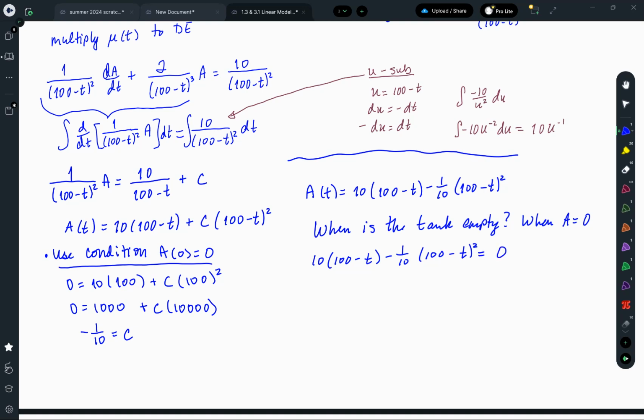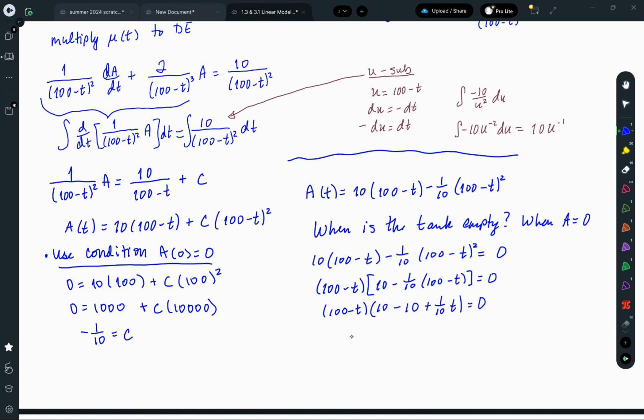Need to set that equal to 0. Right away I can see that there's a 100 minus t in common for both. That leaves behind a 10 minus 1/10 times 100 minus t. The 100 minus t is still there, and inside we have 10 minus 10 plus 1/10 t equals 0.